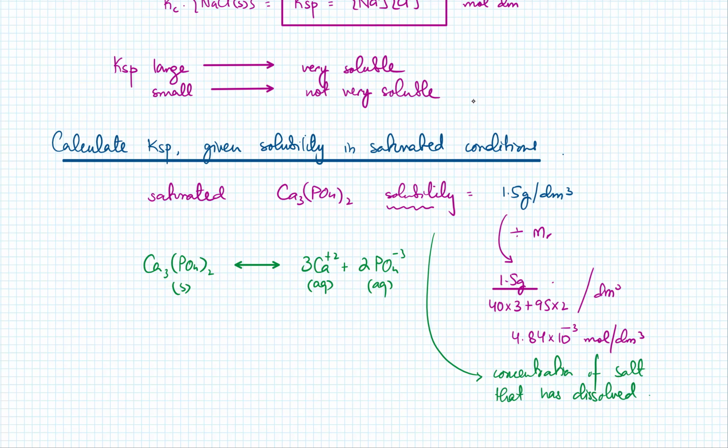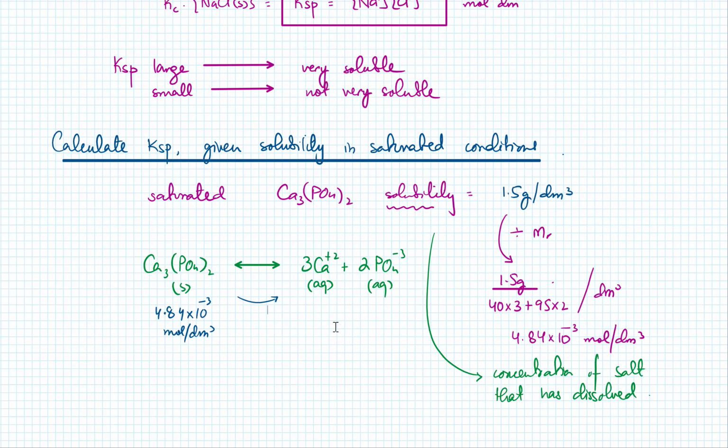So this is 4.84. This is the amount of salt that is dissolved. So what would be the concentration of the ions? If one calcium phosphate dissolves, it produces 3 calcium ions.